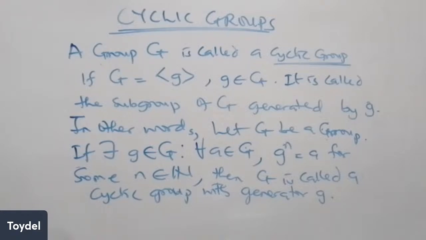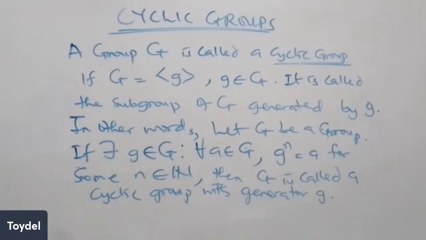If there exists g that belongs to G, a small g that is an element in the group, such that for all a that belongs to G we can get g^n equal to a for some natural number n, then G is called a cyclic group with generator g. That is, g generates all other elements of G. So it is called a generator because it generates all other elements of G.